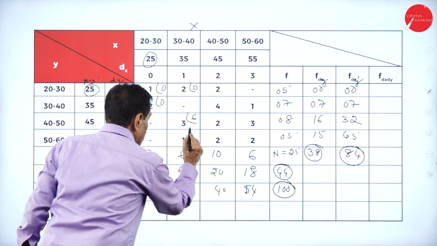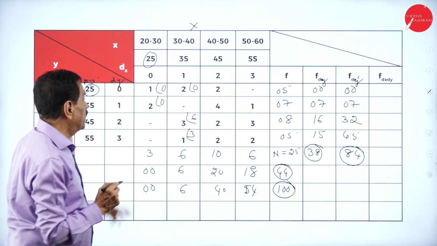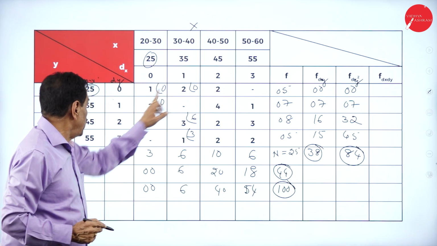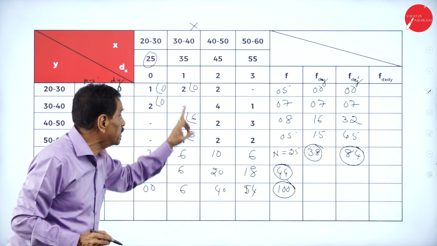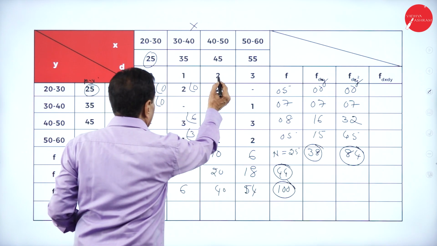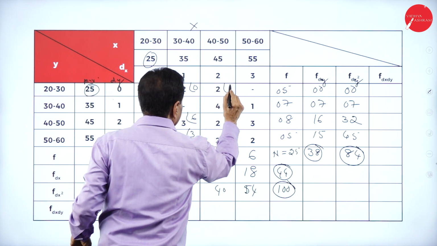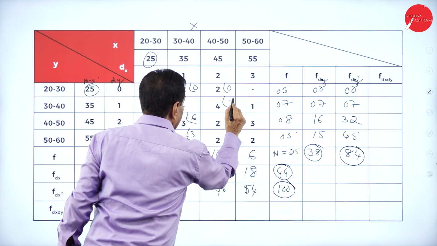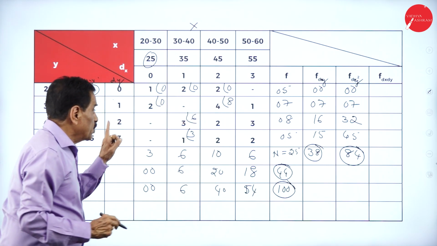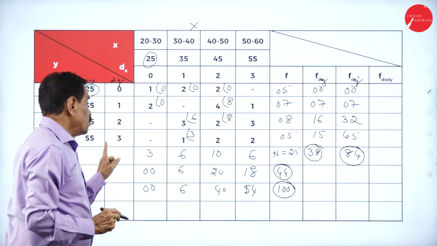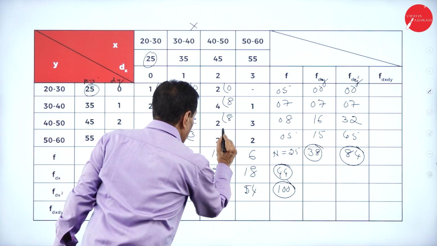3 into 1 is 3. I'll repeat: 1 into 1 is 1, 1 into 2 is 2, 2 into 3 is 6, 1 into 3 is 3, 3 into 1. Come back to this number: 2 into 0, this is gone. 2 ones are 2, 2 fours are 8, 2 twos are 4, 4 twos are 8, 2 threes are 6, 6 twos are 12.